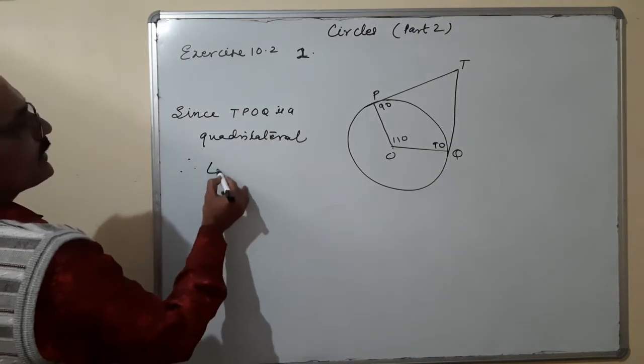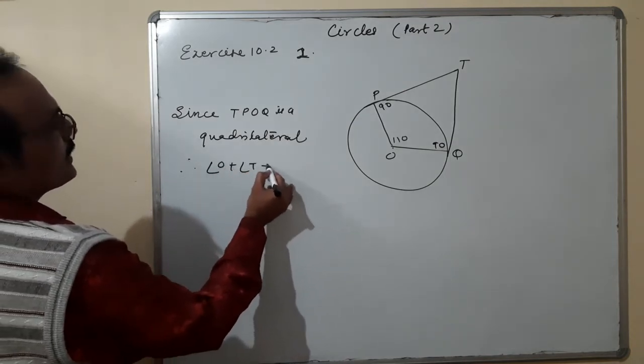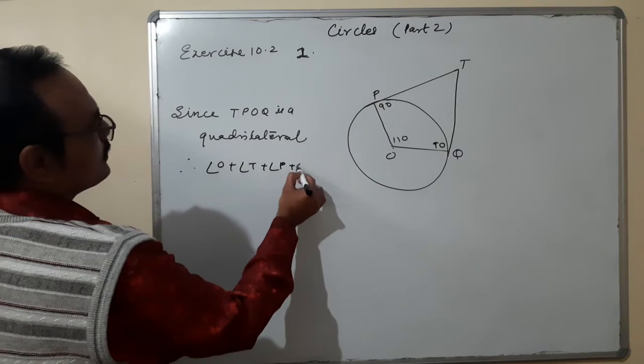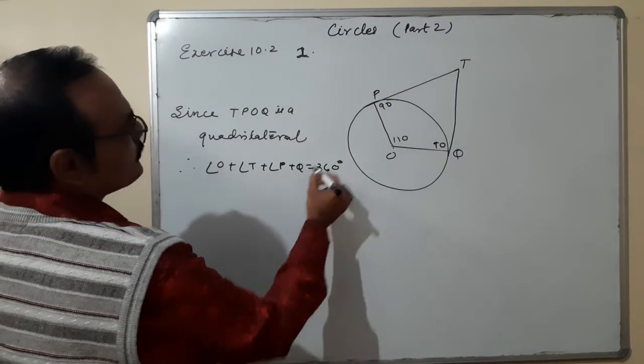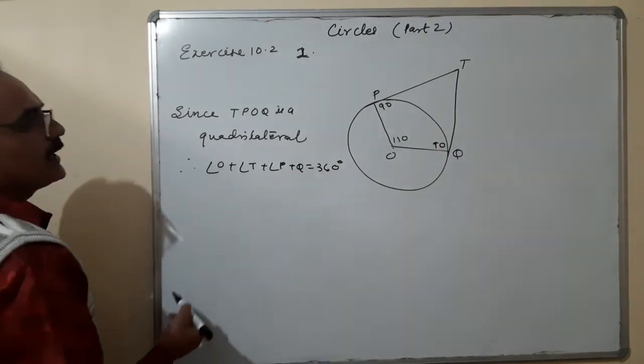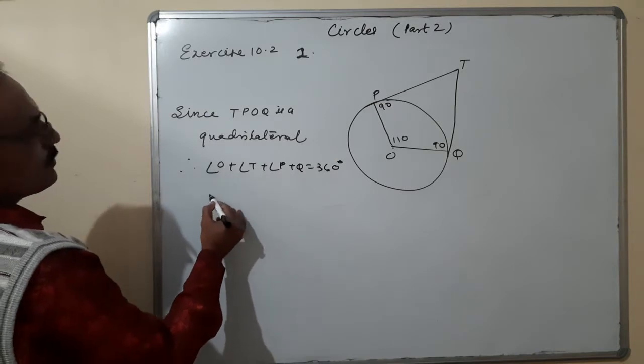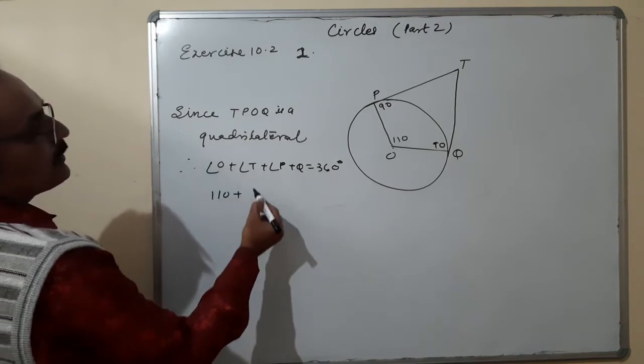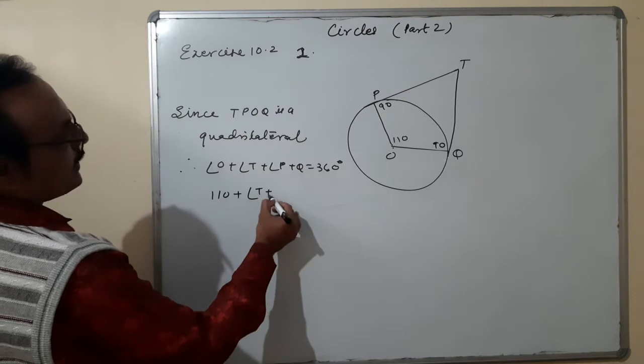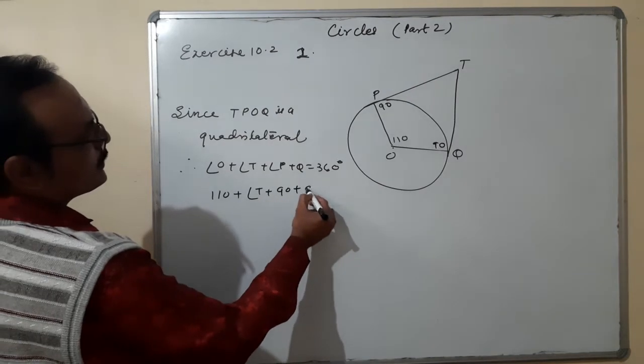therefore angle O plus angle T plus angle P plus angle Q is equal to 360. Two angles are sure, 90 and 90. Angle O is 110 given, angle T we are going to find, angle P is 90 and angle Q is 90.